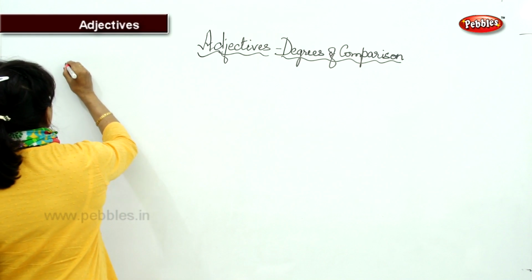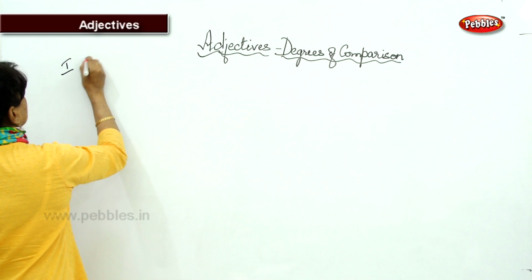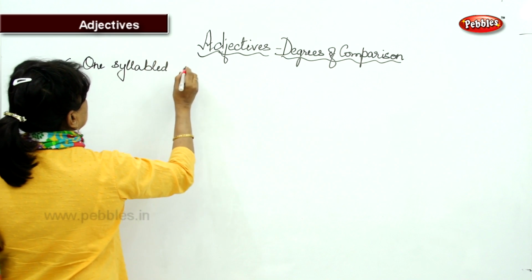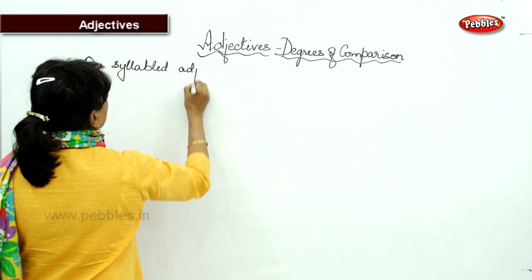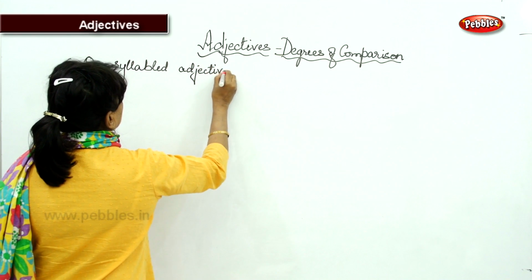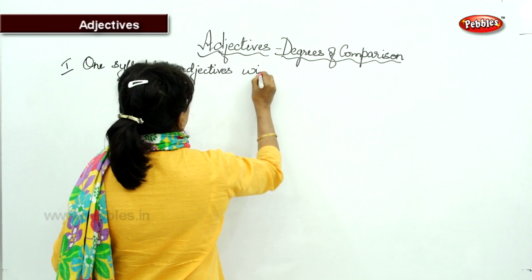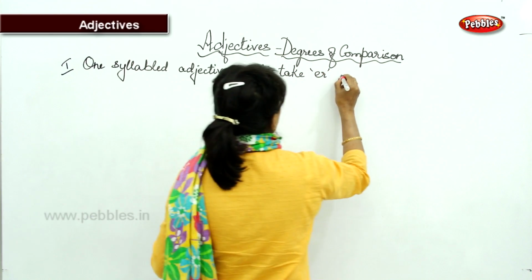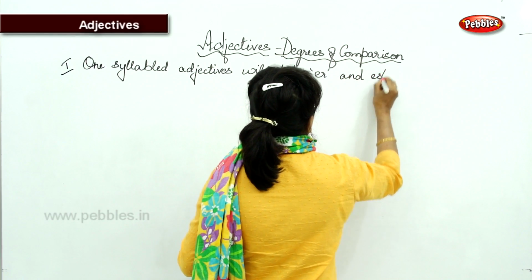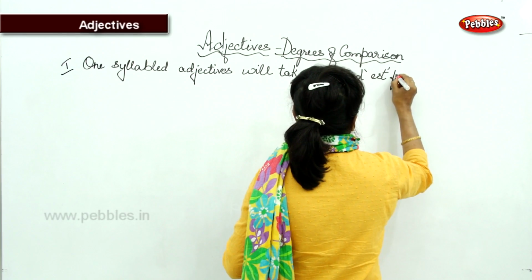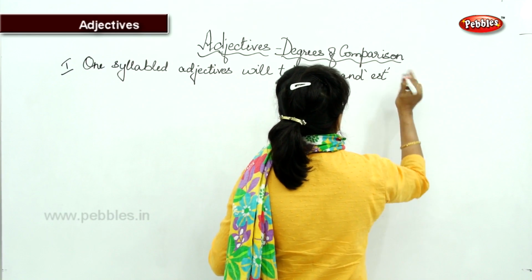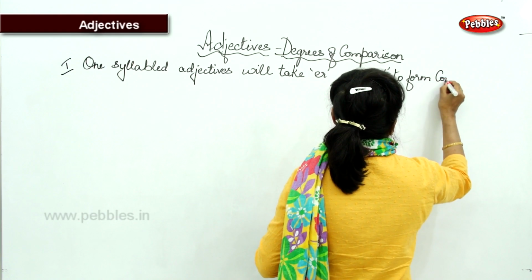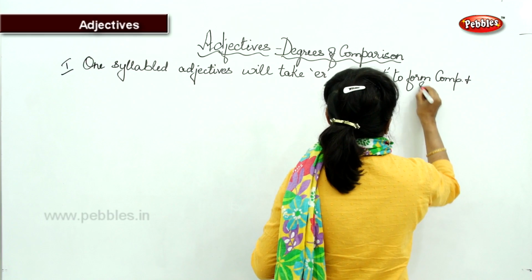So the first rule is: one syllabled adjectives or words will take er and est to form comparative and superlative degrees.